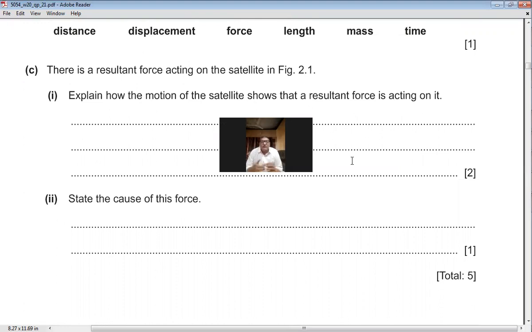Otherwise, you will go along the tangent and will no longer be in a circular orbit. Because the direction of the satellite's velocity is continuously changing, the velocity is changing. It means there is acceleration, which means there is a resultant force acting on the satellite.